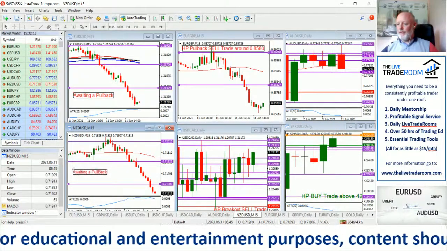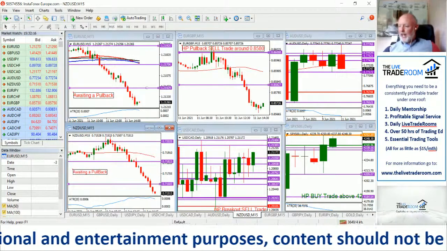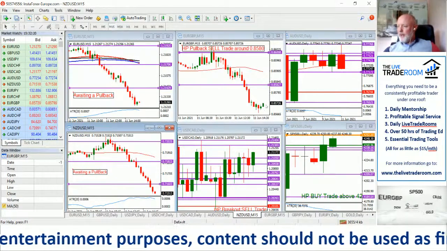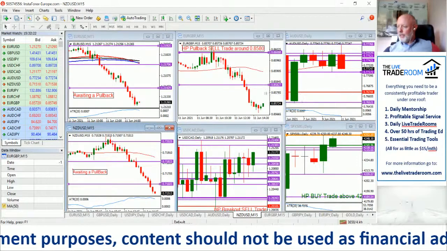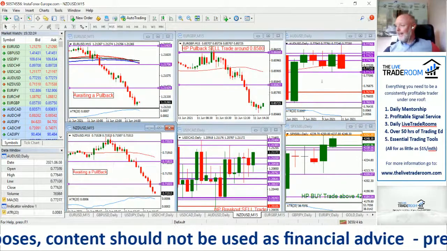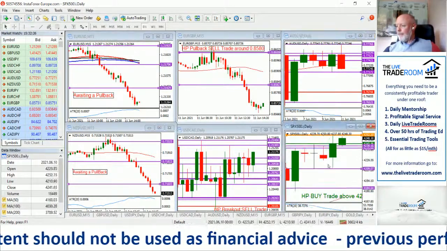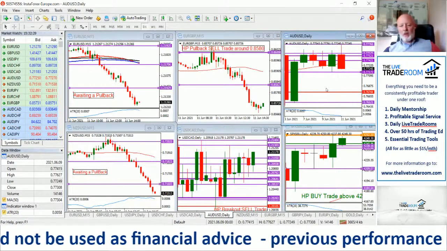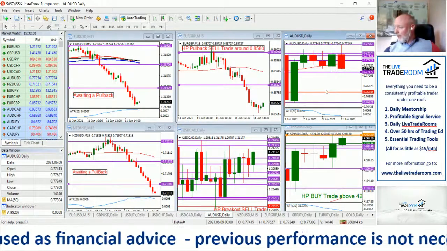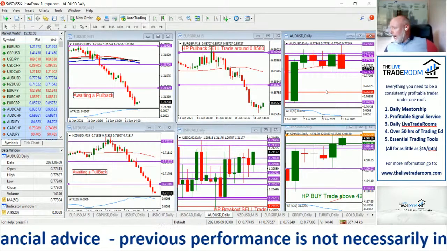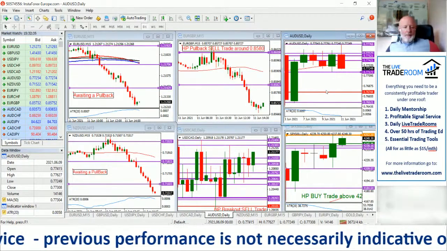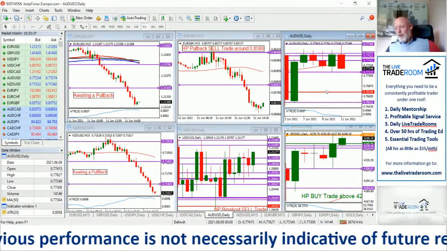We're in a phase where we need a constructive pullback. Maybe we might get one in the euro pound for an opportunity to sell around 85.80. These markets aren't really cooperating to any massive extent, certainly over the last week or two. And that's the problem with trading sideways moving markets.